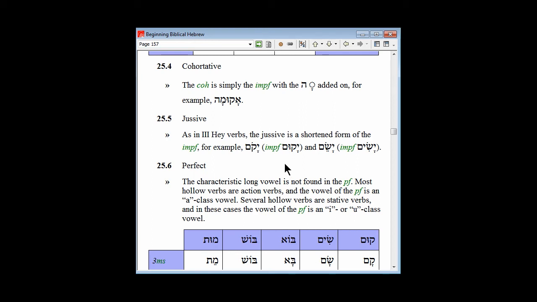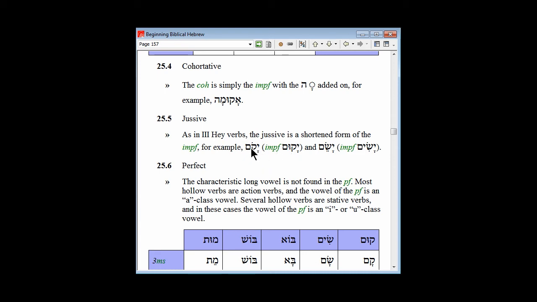Hebrew has A-class vowels, I-class vowels, and U-class vowels. Shureq is a U-class vowel, but holem is actually a U-class vowel too. Now, I didn't ask you to memorize anything about vowel classes, but just realize, for the sake of the discussion here, that the holem all by itself is going to be an abbreviated, a shortened form of the imperfect yaqum in a hollow verb.